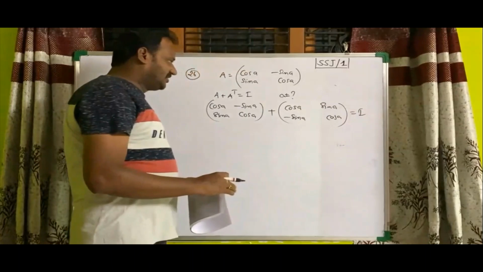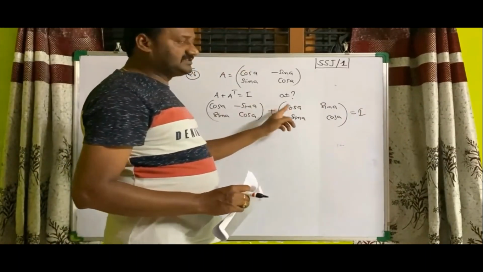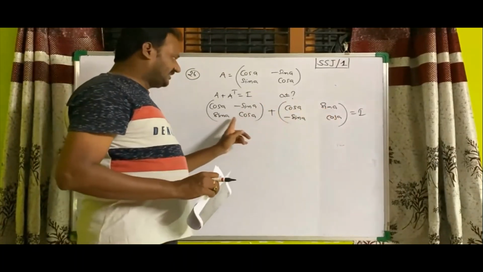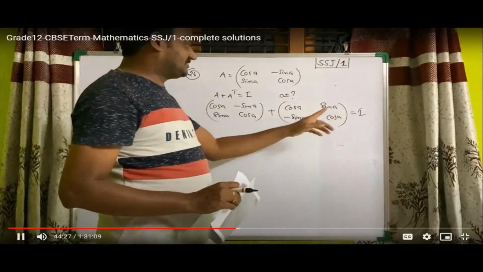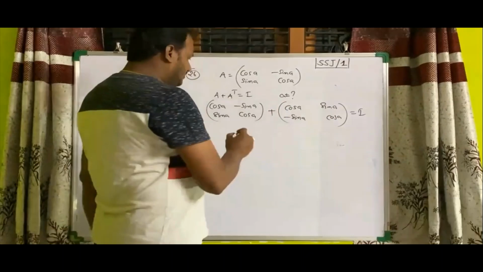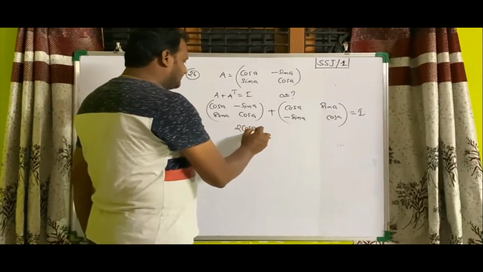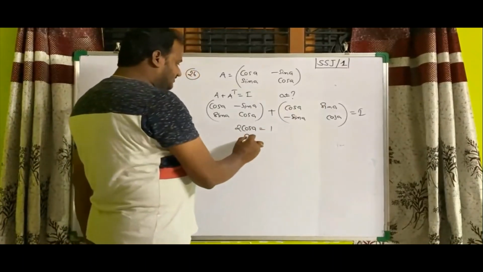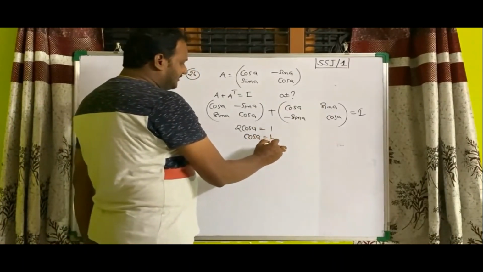So I is 1 0 0 1. Now once you check, cos A plus cos A is equal to 2 cos A, minus sin A plus sin A is equal to 0, sin A minus sin A is 0, cos A plus cos A is equal to 2 cos A. So you are getting 2 cos A in the place of 1. So 2 cos A is equal to 1, then cos A is equal to 1 by 2.